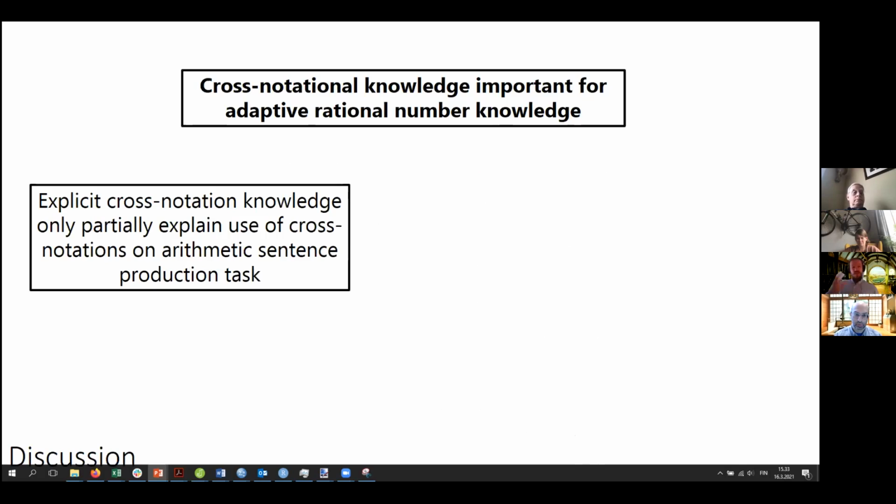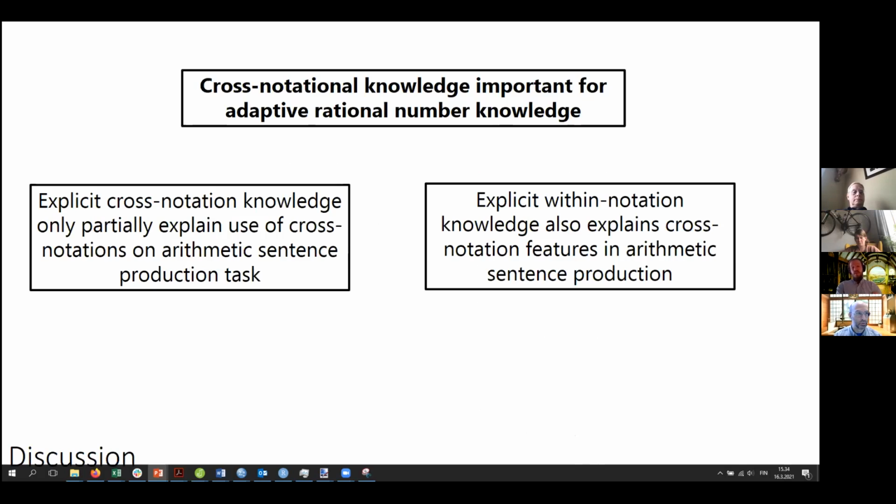So overall, this is not explaining a lot of variance in the use of cross-notation solutions on the arithmetic sentence production task. There is some evidence also that within notation knowledge is explaining a bit of the use of these cross-notation features, in particular with the equivalent solutions, but not necessarily with the cross-notation solutions themselves.